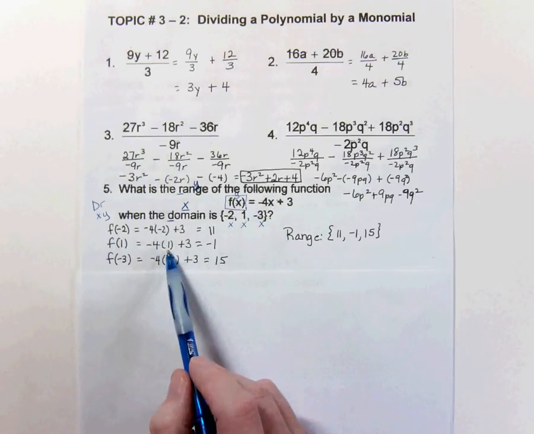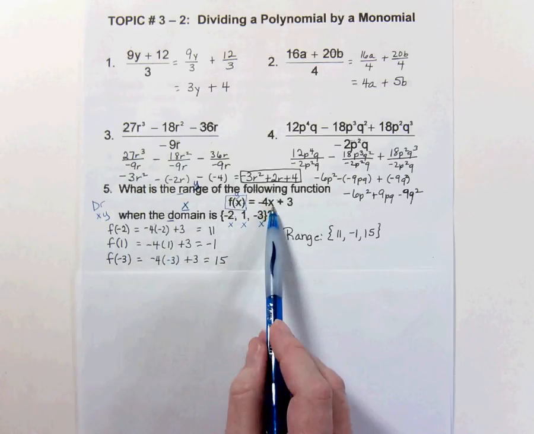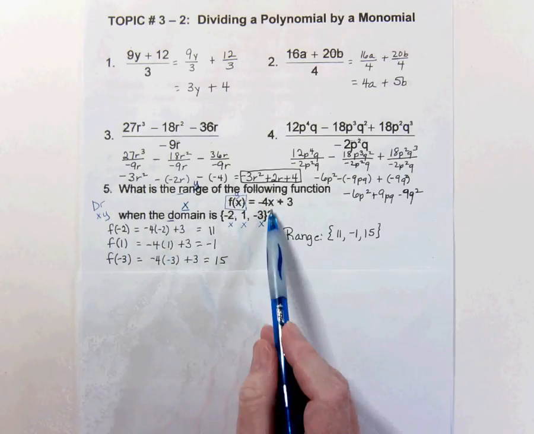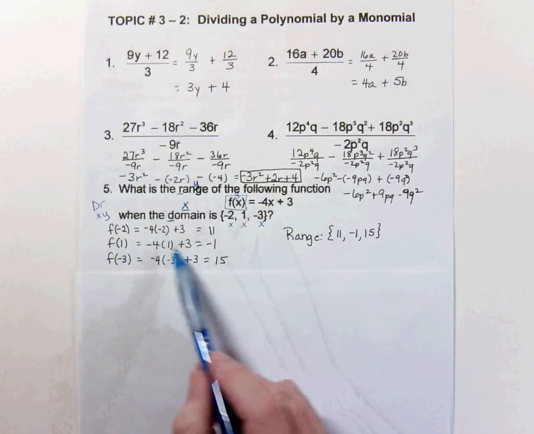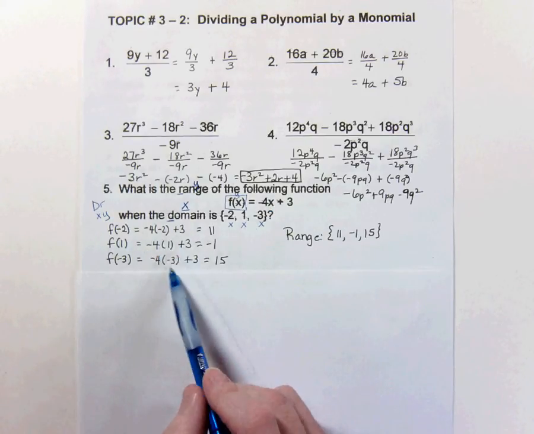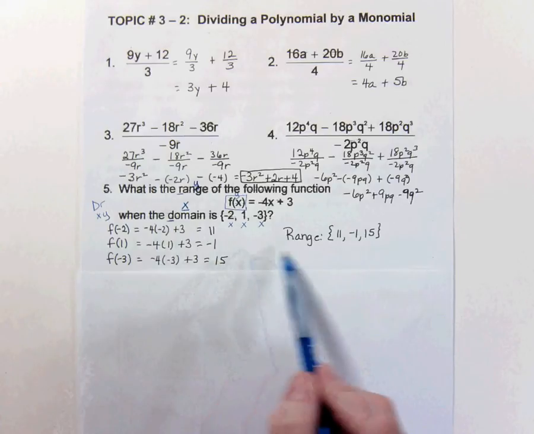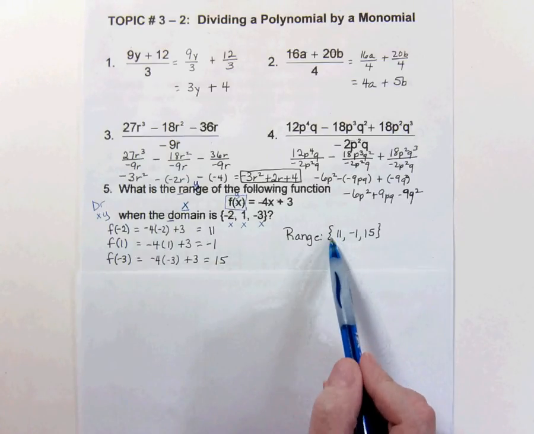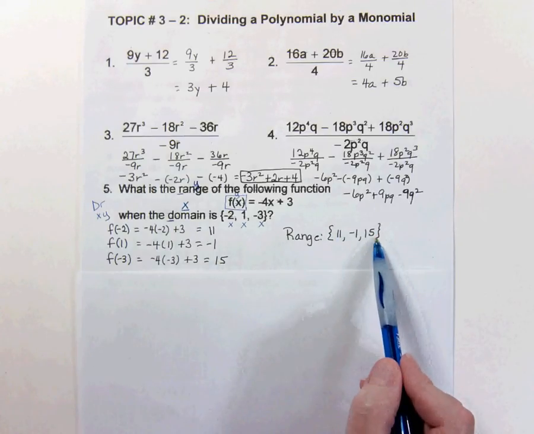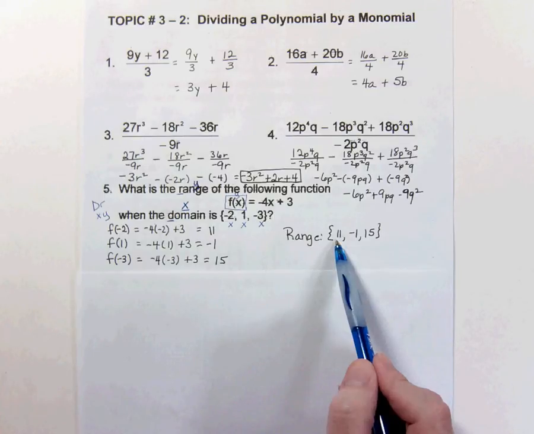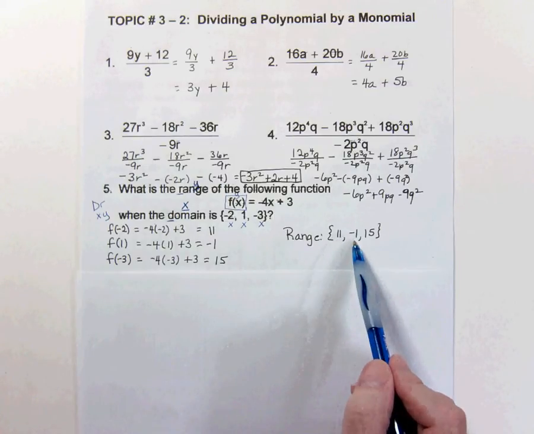They put in a 1 for that x, and they put in a negative 3 for that x. Solving it for each one of those gives you these values, therefore the range in brackets. Make sure you put it in bracket form. For those given domains would be 11, negative 1, and 15.